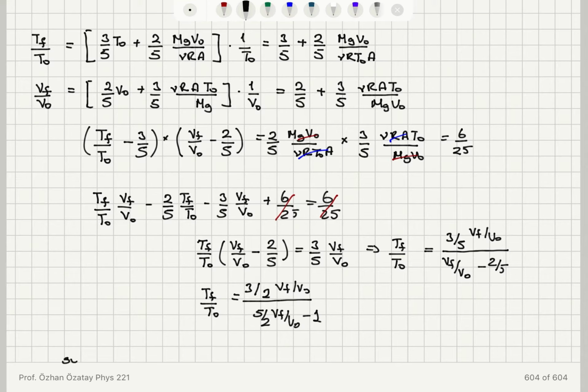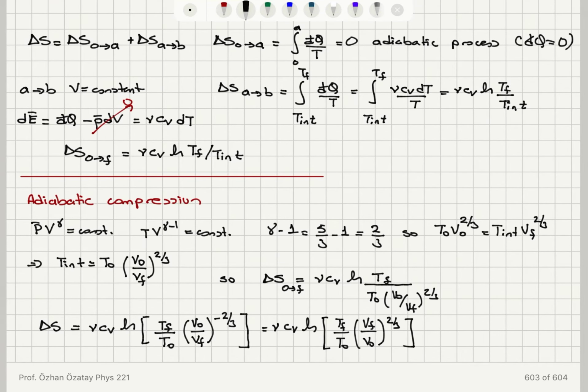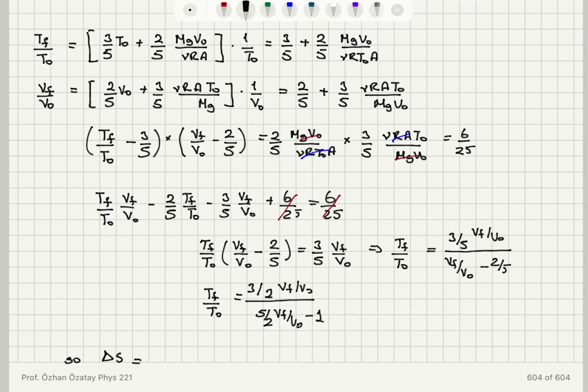So if I go back to my entropy change, delta S, which is written here, nu CV ln of T final over T0 times V final over V0 to the power 2 over 3.